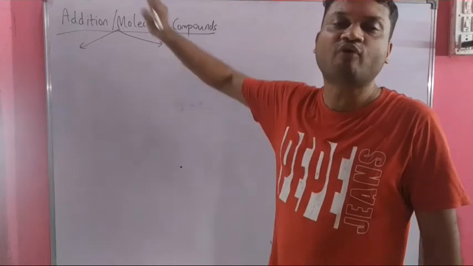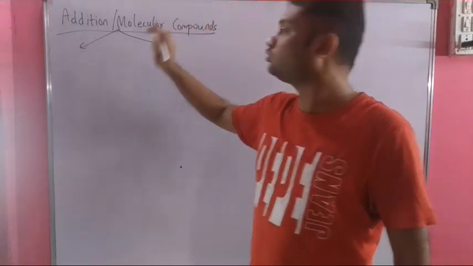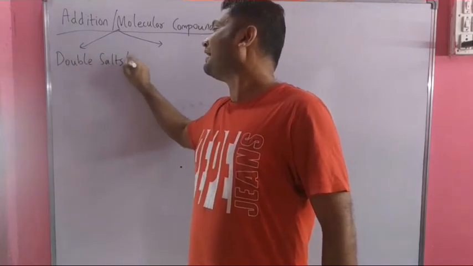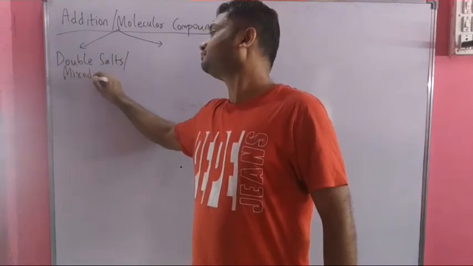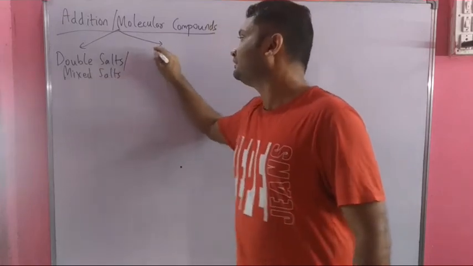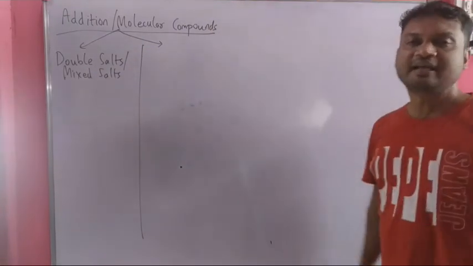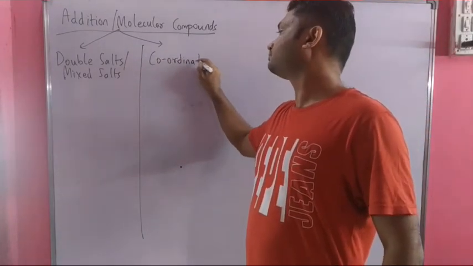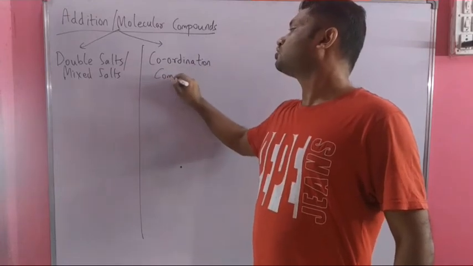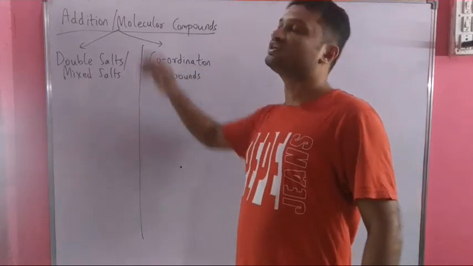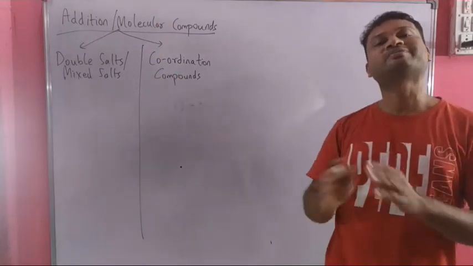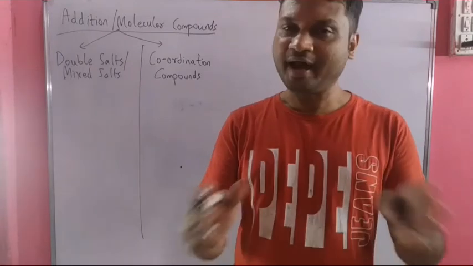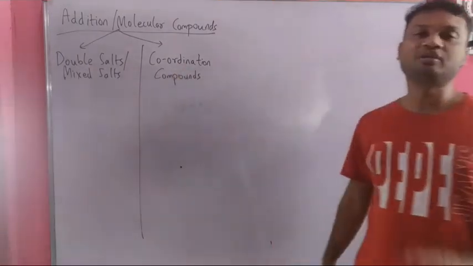First classification was double salts, which are also called as mixed salts. Then after that we have another classification which is coordination compounds.